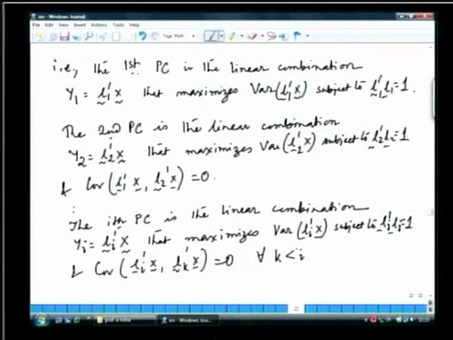Right. So, if I go to the third principal component, I must check the covariance between the third and the second, and the third and the first as well, and both of these have to be equal to 0. Now, will this guarantee the things that I have said before? The first thing was that the principal components have to be uncorrelated; the first one should have the maximum variance, the second principal component the second highest variance, and so on.